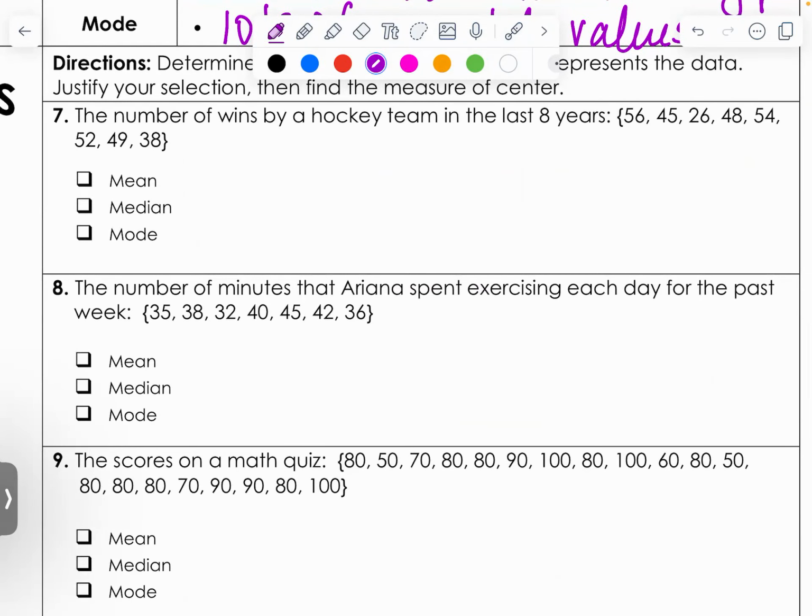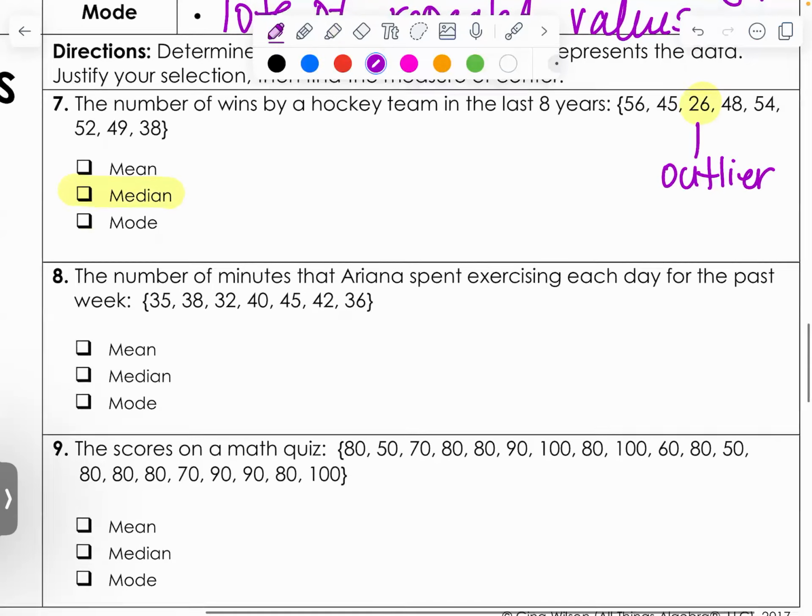What do you think about number 7? Probably like mode. Wait, no. It's median. I would do median because 26 is an outlier. I didn't see 26. I was looking at 8.